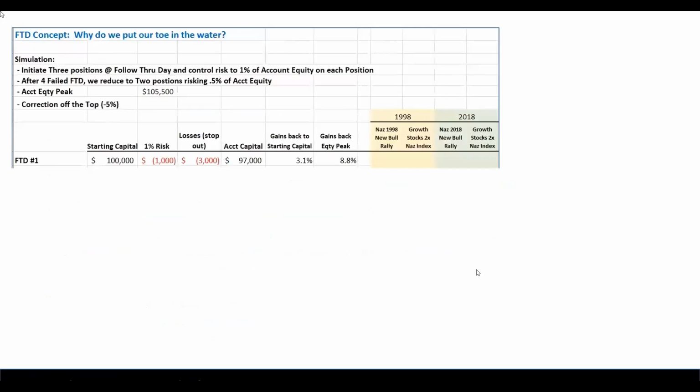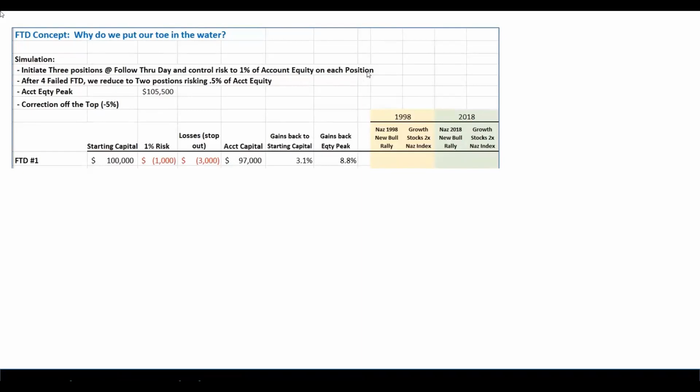So I thought it might be good to run kind of a simulation about why we are putting our toe in the water. In this simulation, we're going to set up some guidelines. Here are the rules. We will initiate 3 positions on the follow-through day, and we will control the risk to 1% of account equity on each position.